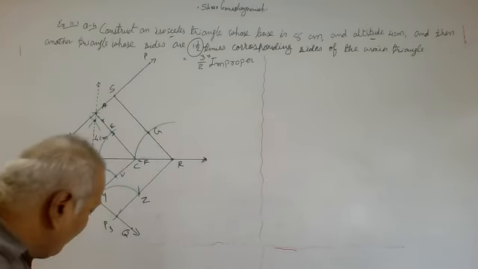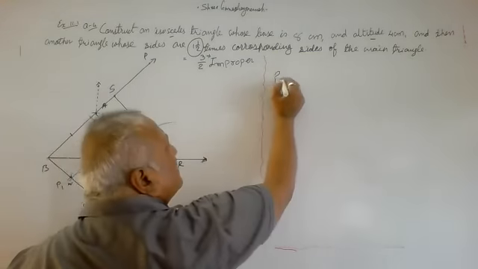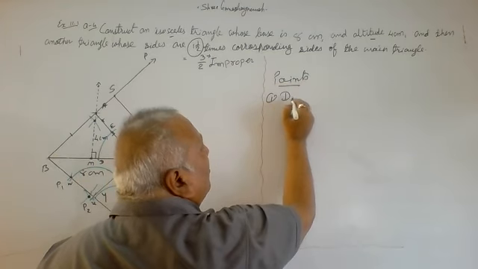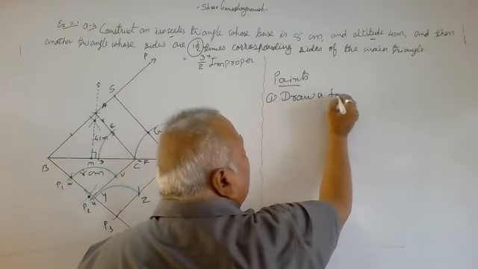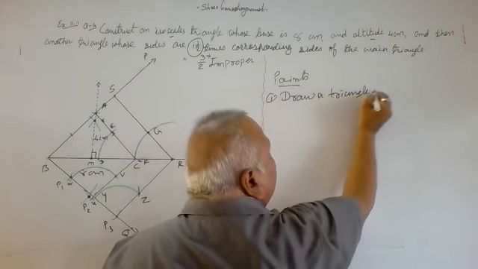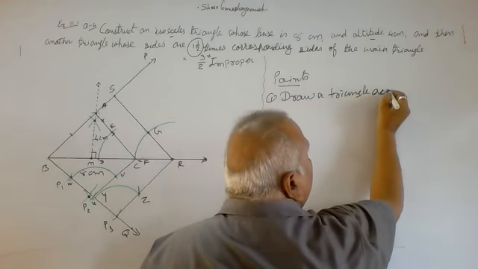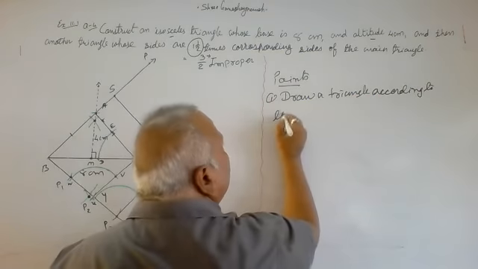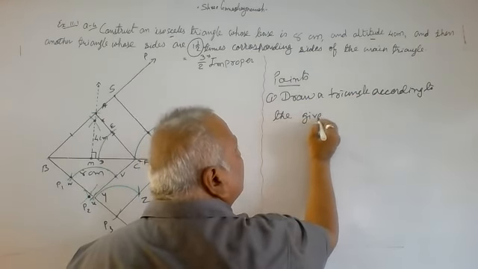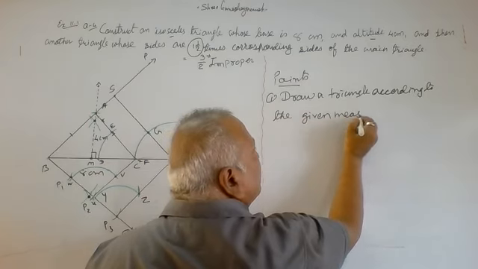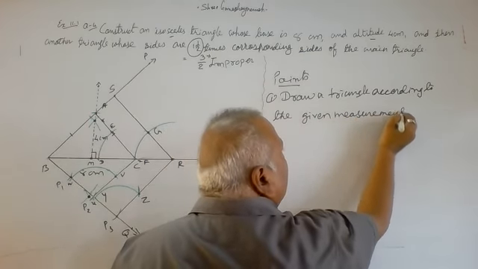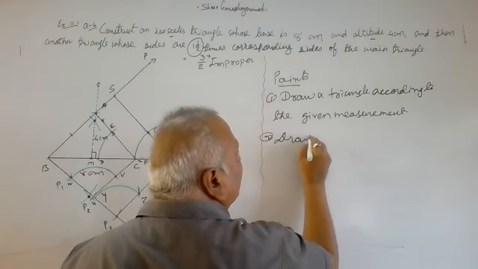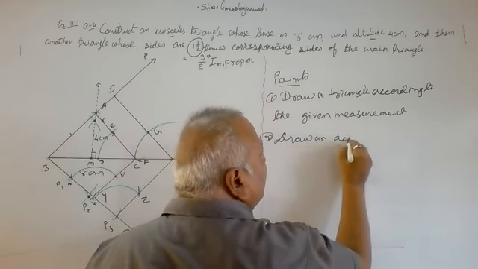Now I have to write the points. Points are necessary. First, draw a triangle according to the given measurement. Second point, draw an acute angle.